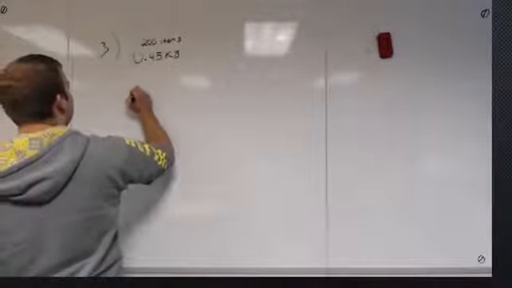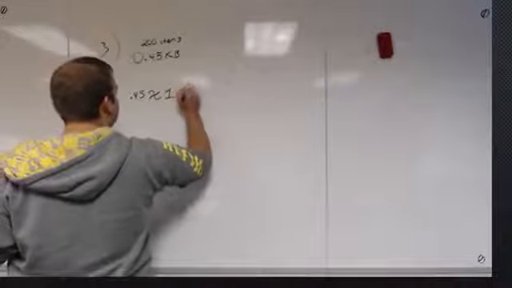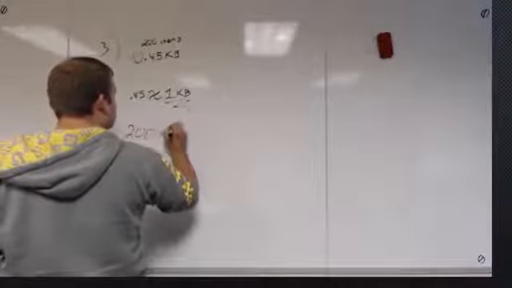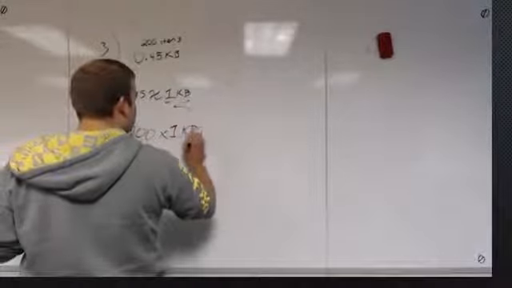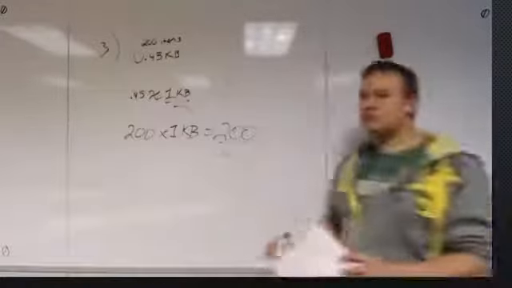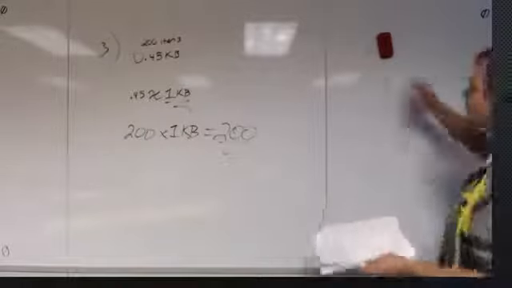We round the 0.45 up to an increment of 1, so we have 1 KB, and we do 200 times 1 KB, which gets us 200. Everybody follow? Writes overall are pretty simple.